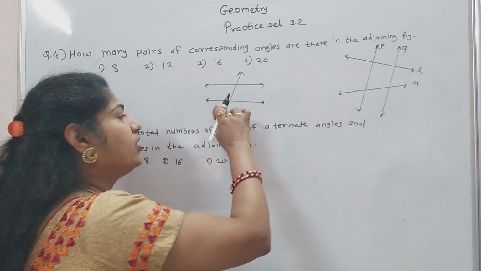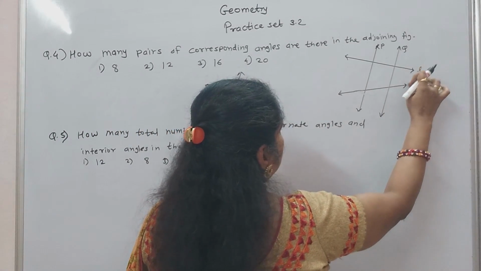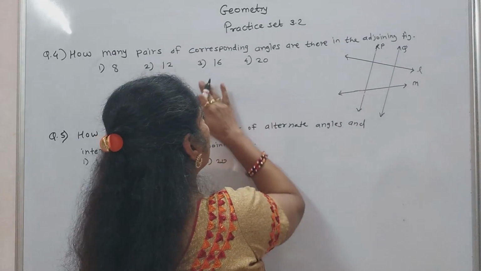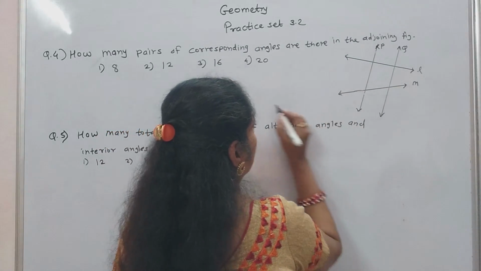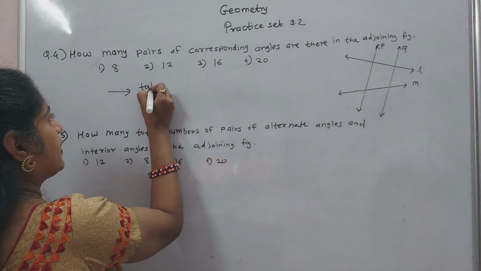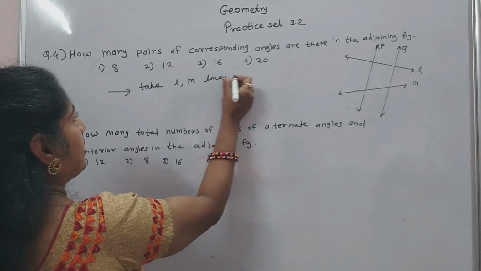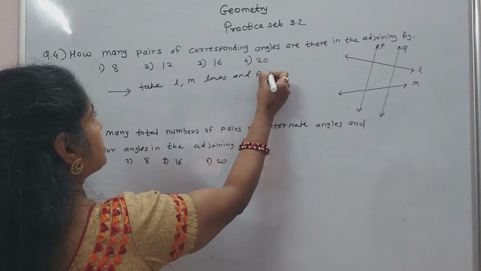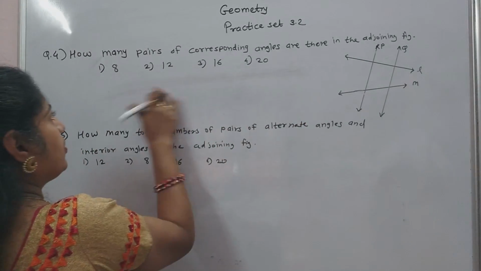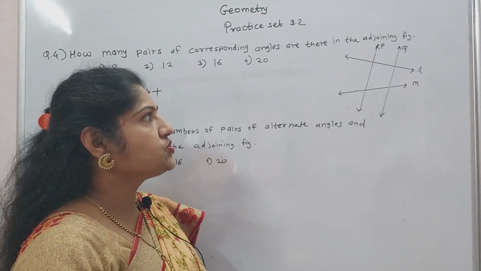So take first two lines L and M and transversal P. There are four pair of corresponding angle. Take L and M lines and P is transversal, then four pair of corresponding angles.